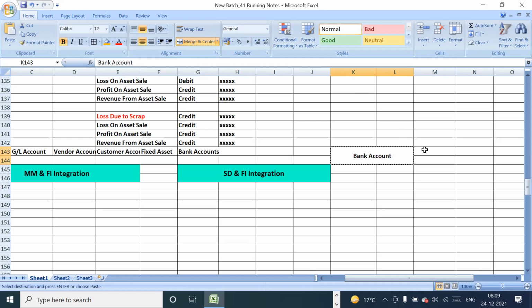Once you open the bank account, then you can do the bank transactions. We can deposit money, withdraw money, transfer money to someone, or someone can transfer money to your account.